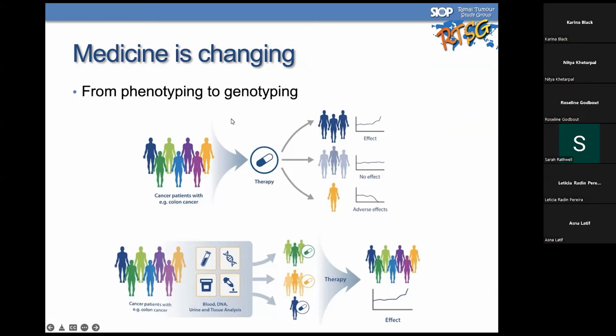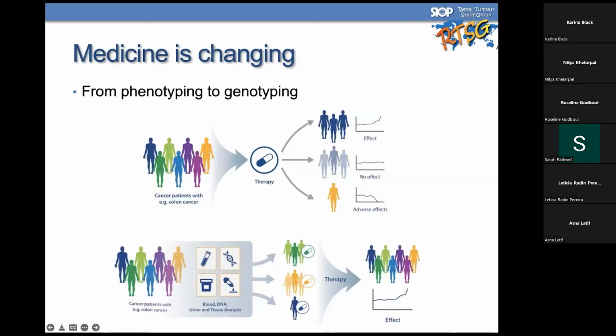With the help of molecular biology and genotyping, you now try to divide those cancer patients with the same phenomenological cancer into different subgroups. And for each of these subgroups, you develop a specific treatment, and with this specific treatment, you will have a better effect on outcome. So this is how medicine is changing.